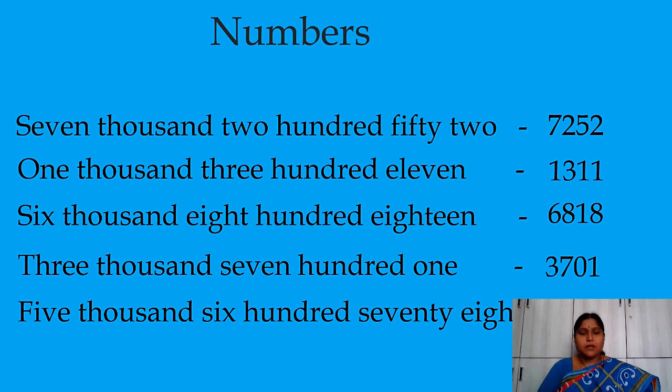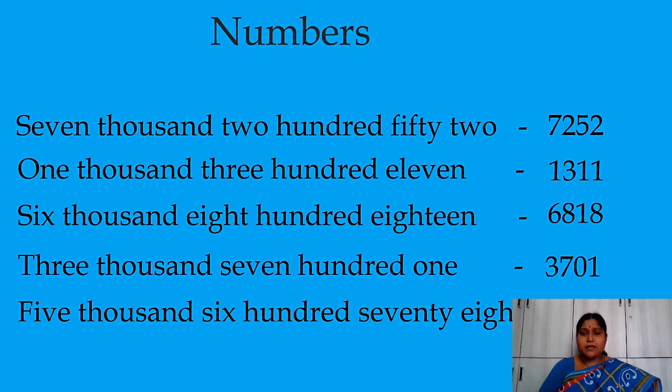Next, the last number name, 5678. Okay, you should write 5 in thousands place, 6 in hundreds place, 78: 7 in tens place, and 8 in ones place.